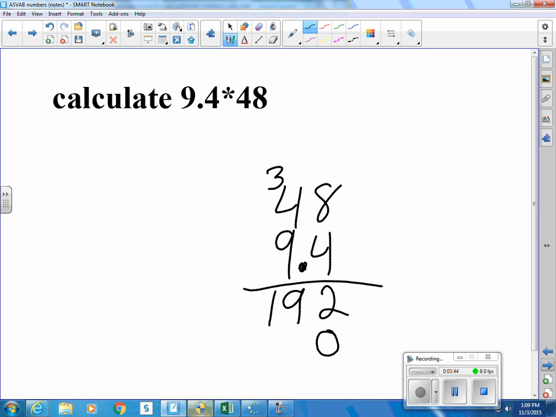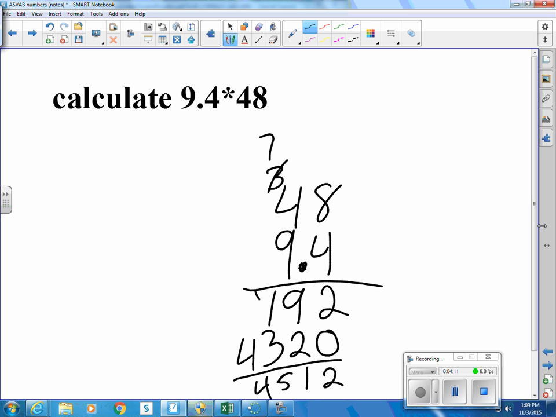Now I'm going to move over 1. 9 times 8 is 72. And carry the 7. 9 times 4 is 36, plus 7 is 43. Add them up. 2, 11, carry the 1, 5, 4.